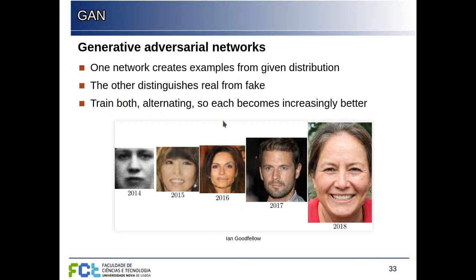We use the generator to generate fake images and then train the discriminator to correctly classify the real images from the data set and the fake images generated by the generator. But then we train the generator to fool the discriminator by creating better images that the other one cannot tell from the real ones. We alternate this, and the networks become increasingly better.